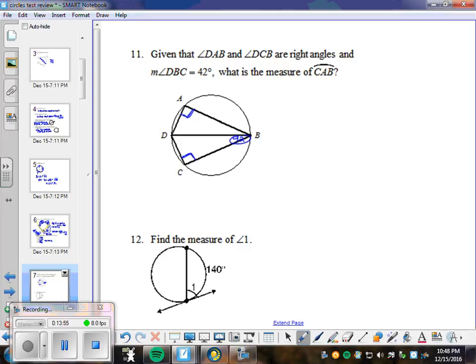The actual arc, CAB. Okay. Now we know this angle's 42, so the arc that goes with that would double. You would double 42 and get 84 for this arc.